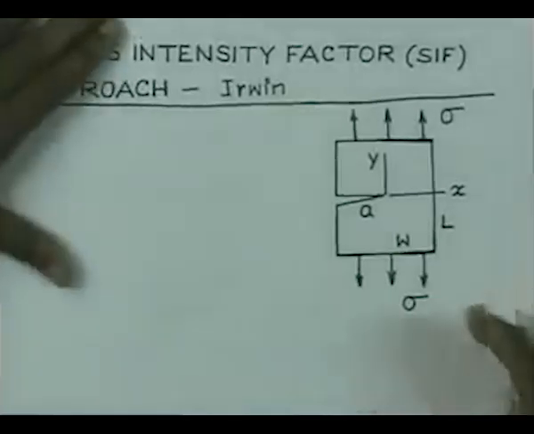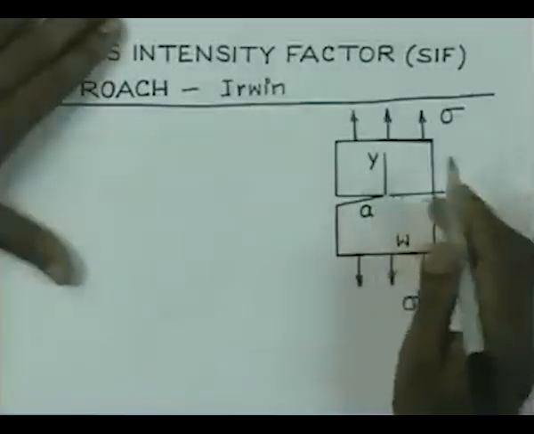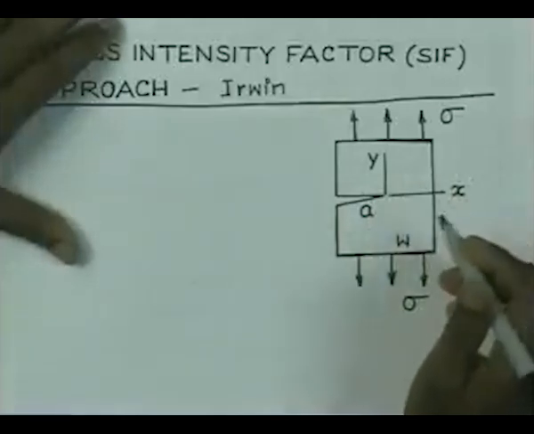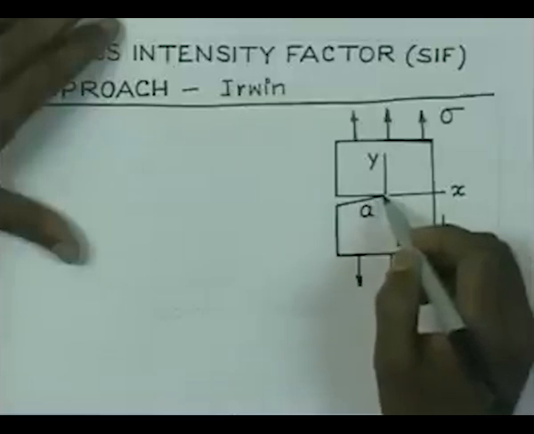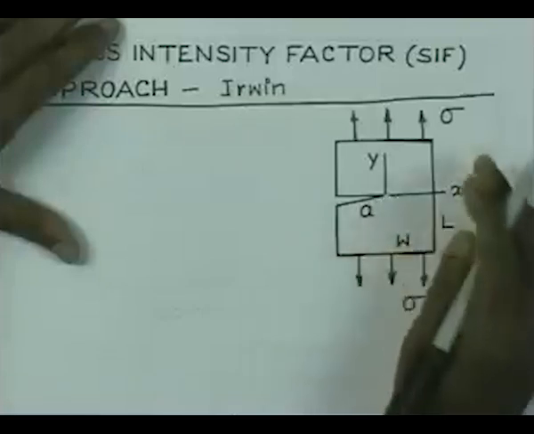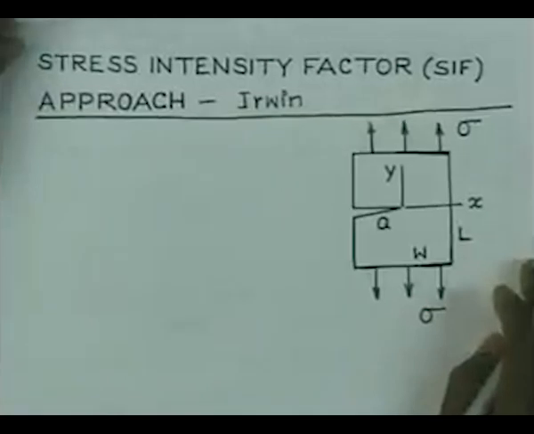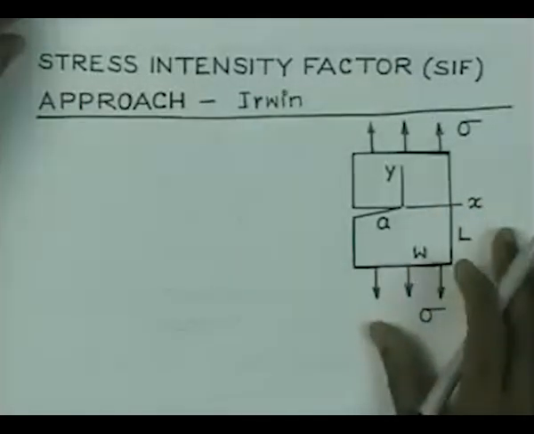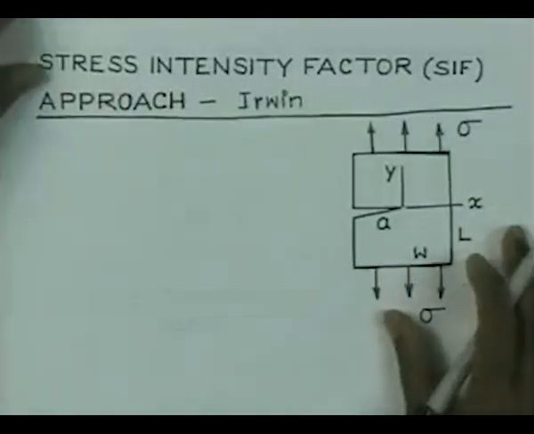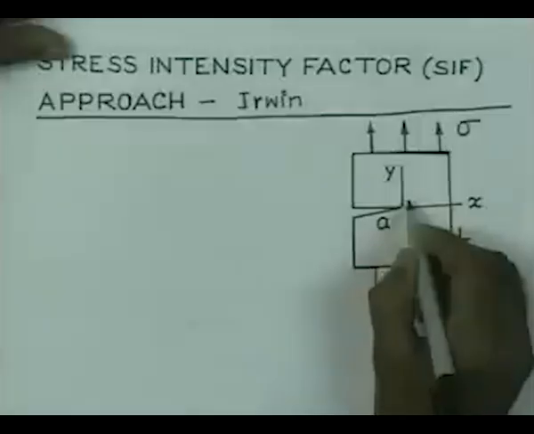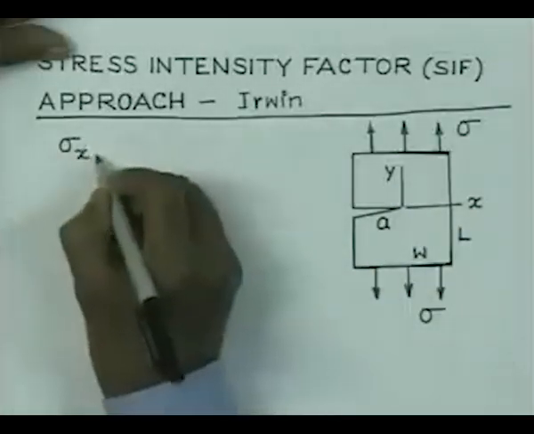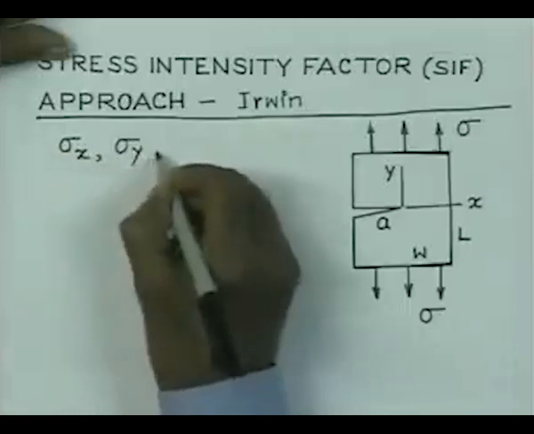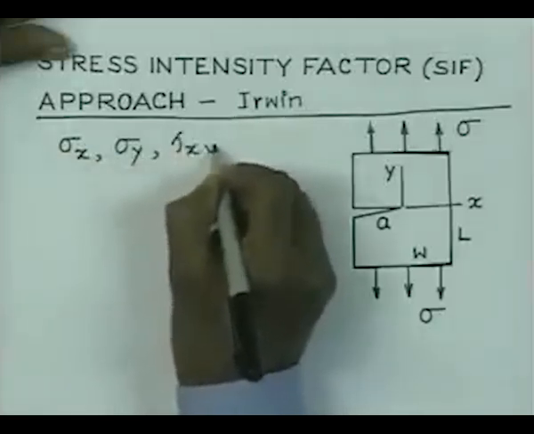What Irwin did is that he considered a crack in the material and he analyzed the stresses and strains around the crack tip under the action of the loading, and in a two-dimensional problem like this, if the situation conforms to plane stress, then the stresses that are going to come up are nothing but three components, which are sigma x, sigma y and tau xy.